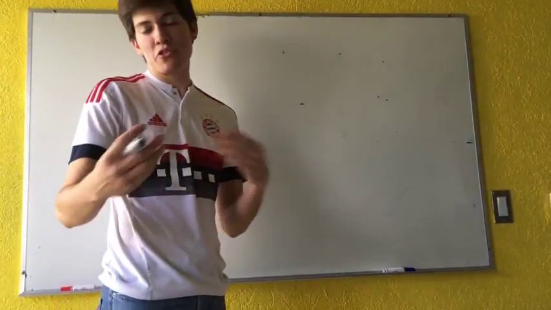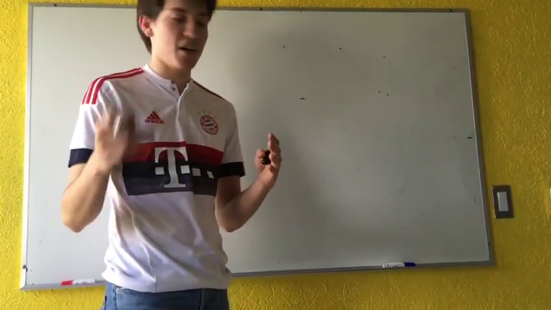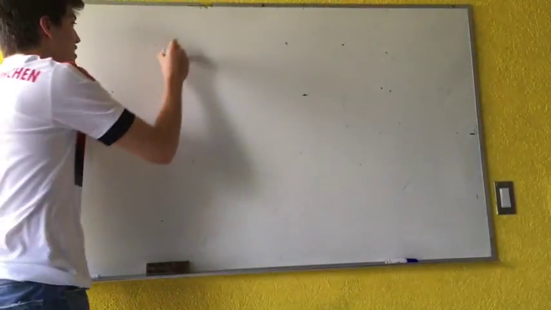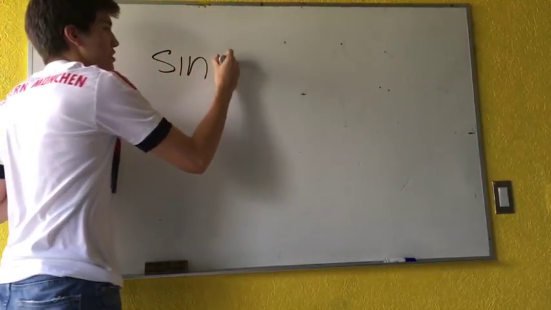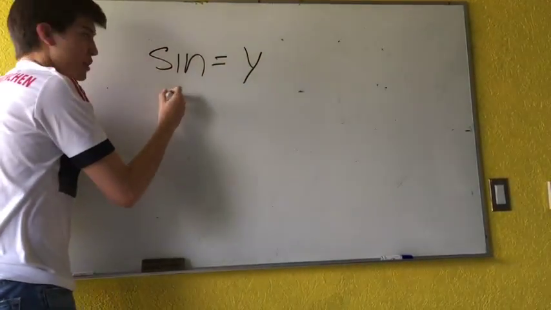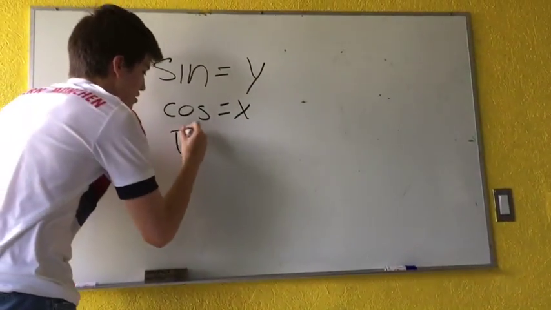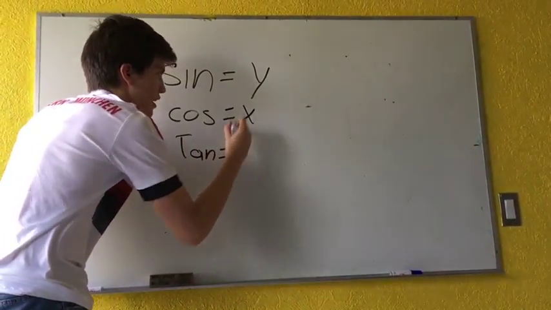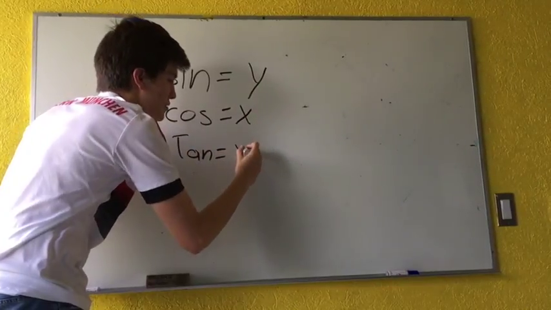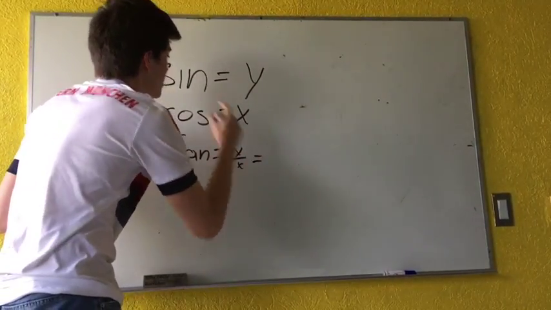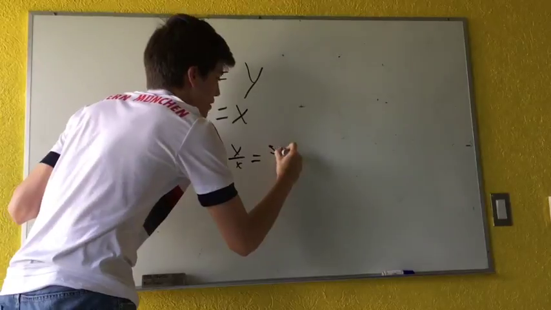As we have seen previously, I'm going to explain the trigonometric functions. So we have sine, that's y, cosine, that's x, tangent, that's y over x, or sine over cosine, that's the same.